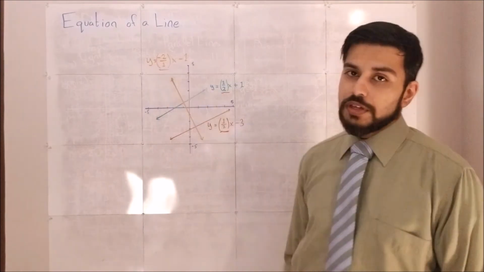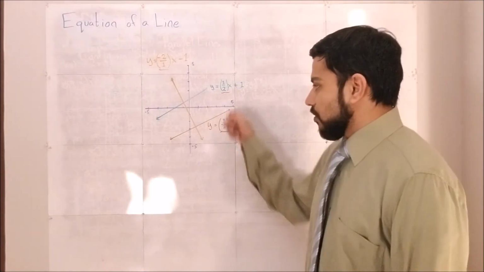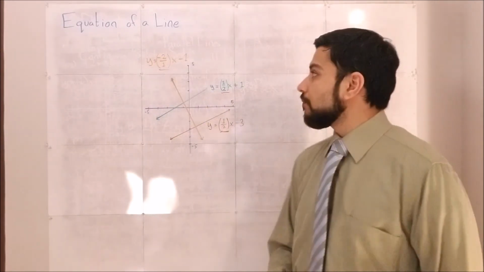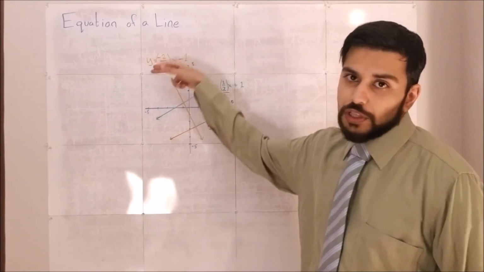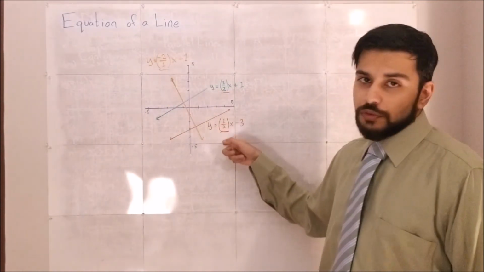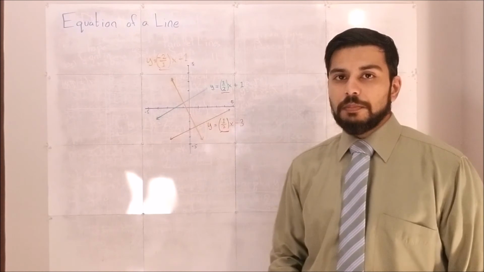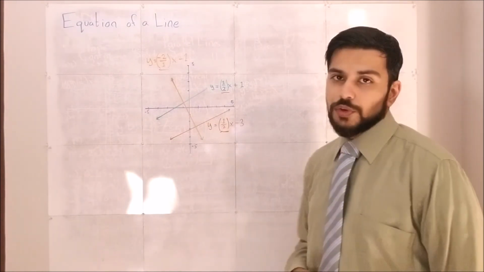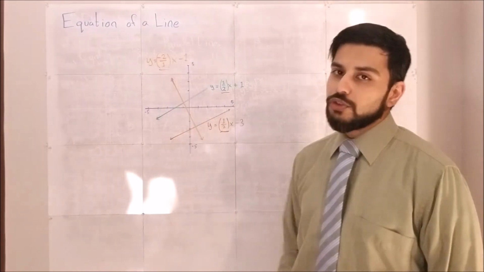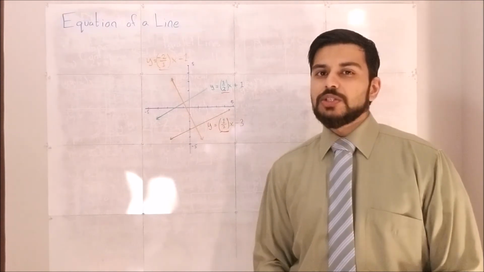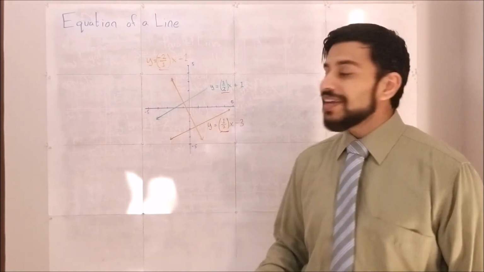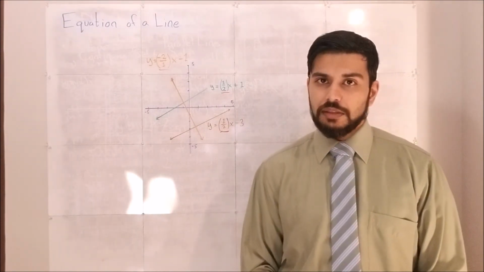Negative, so I just put a negative sign in front of it. If one of these were already negative, it'd be a double negative. And reciprocal, I just flipped my fraction over. So I had 1 over 2, now I have 2 over 1. I had positive 1 over 2, now I have negative 2 over 1. That's how you can determine a negative reciprocal. That's how you can determine the equation of a perpendicular line.